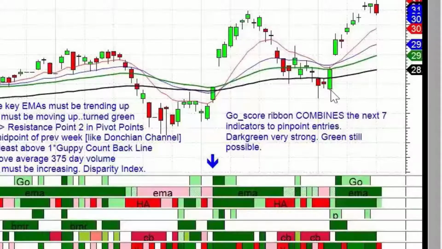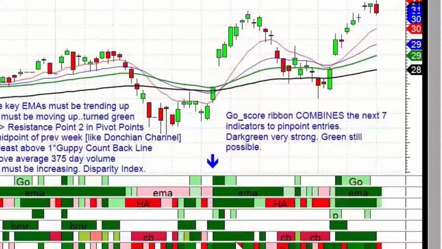So as you can see here, this one here didn't quite close above that high there. That's one countback line. Didn't quite make it. So that's why there's a white blank space there. But the next one along well and truly made it. It went past the 2 countback lines. So it's well on its way. So in the ribbon I've got here, if it's dark green, it's past 2 countback lines.